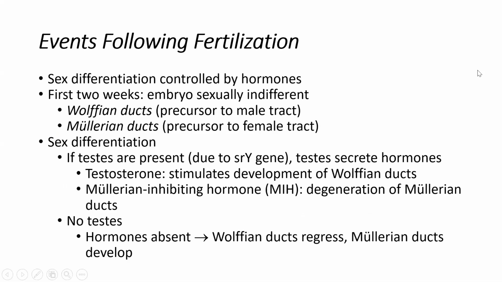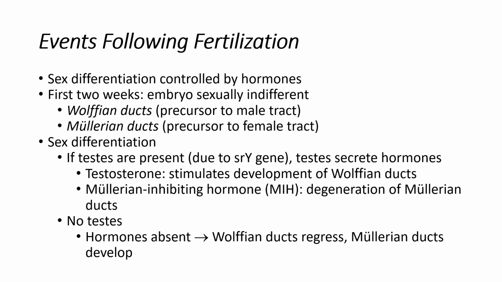Okay. So essentially, sex differentiation is controlled by hormones. Again, in that first 2-week period, the embryo will begin to differentiate depending on whether the TDF is present or absent. So if the testis determining factor is present, we start to get things like the Wolffian duct. And this is what progresses to become the male reproductive structures, the vas deferens and the prostate and so on.